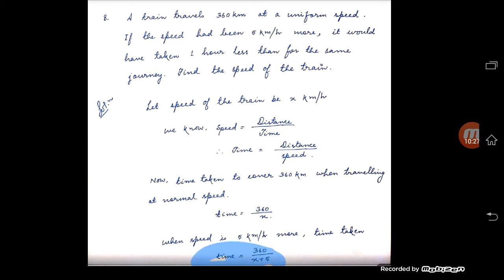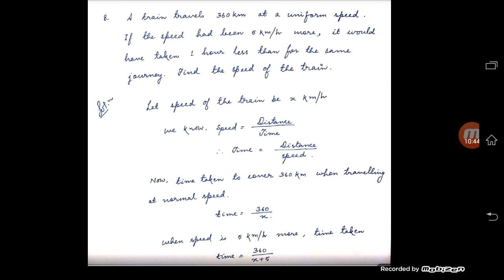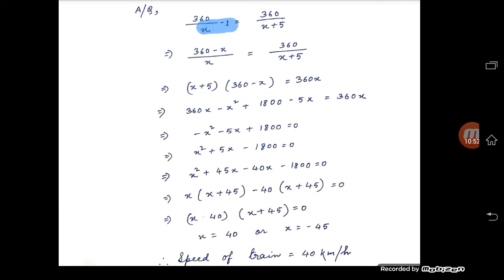That means the train would have reached the destination 1 hour early. So 360 by x minus 1 equal to 360 by x plus 5. That means we subtract 1 from this time to get this time.